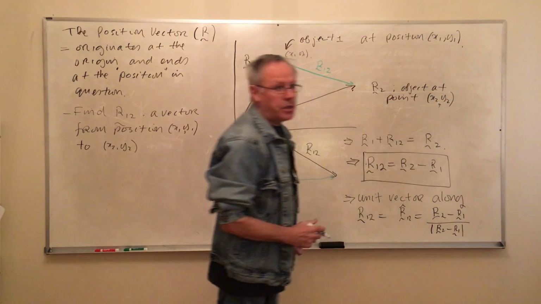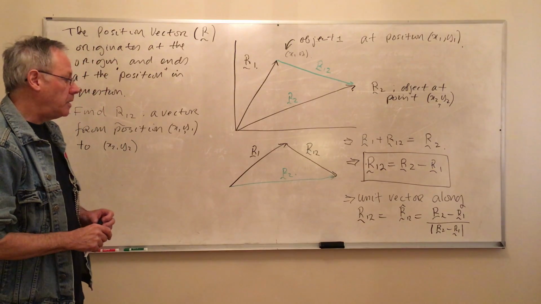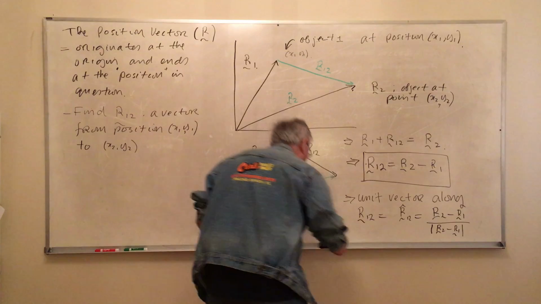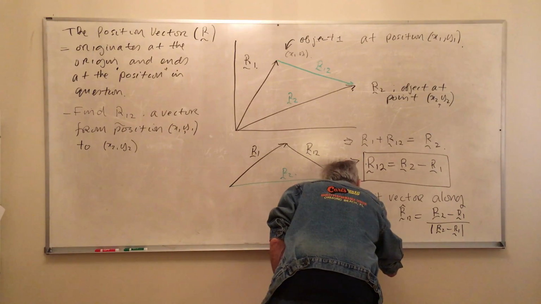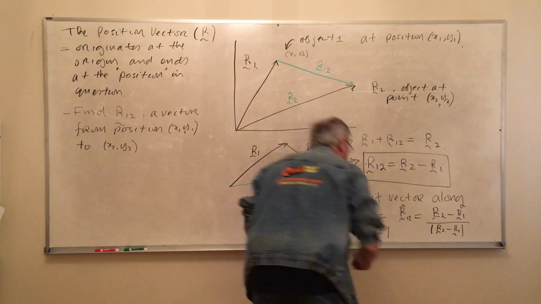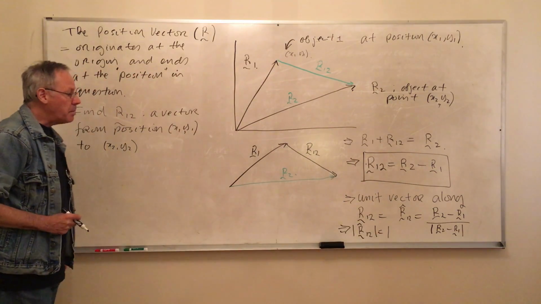To put a hat on any vector, all you do is divide by its magnitude. You put a hat on it, you make it a unit vector. So R12 hat has magnitude 1.